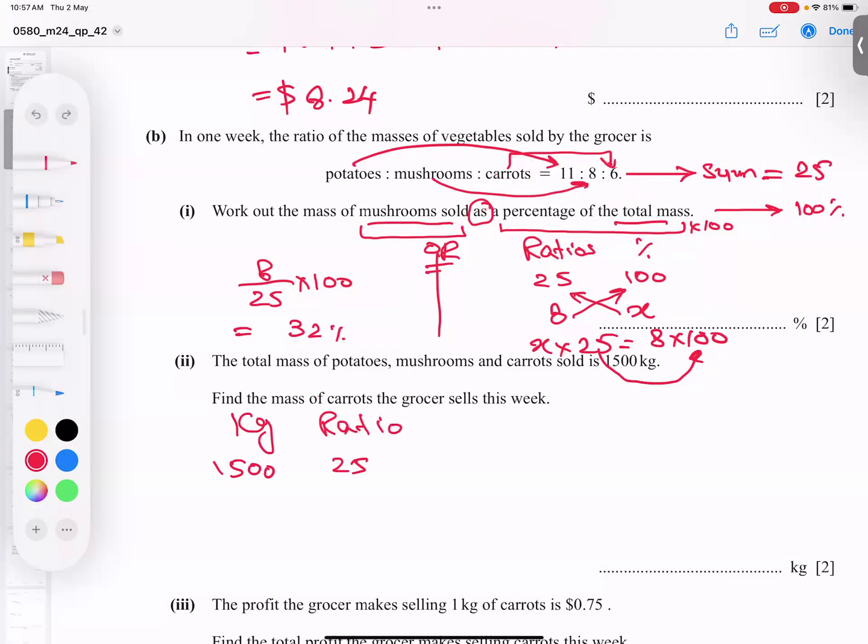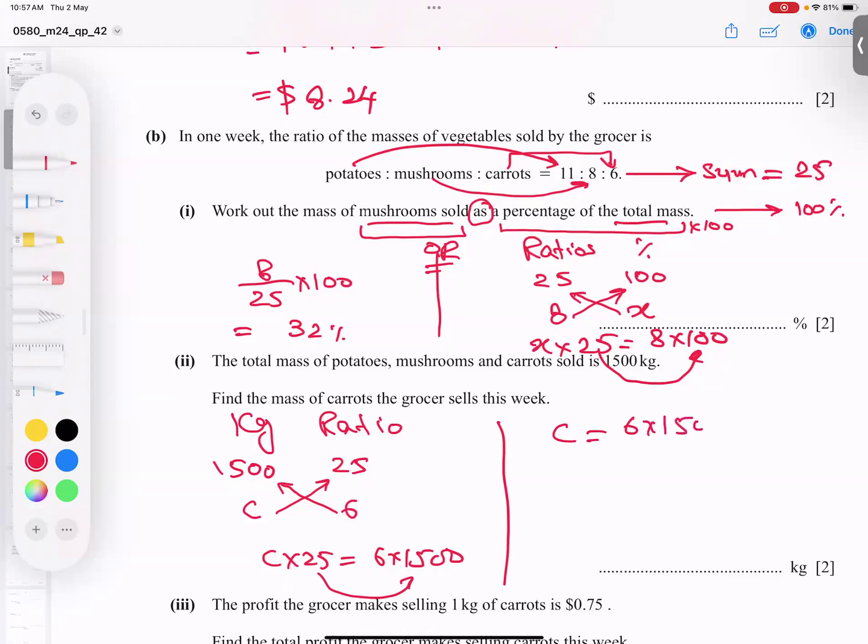So I keep 6 here and C for carrots here, and cross multiply. So C times 25 equals 6 times 1500. Then this 25 will divide, so 6 times 1500 divided by 25. If we type it in the calculator, the carrot mass becomes 360 kilograms. I believe you got the point, very clear.